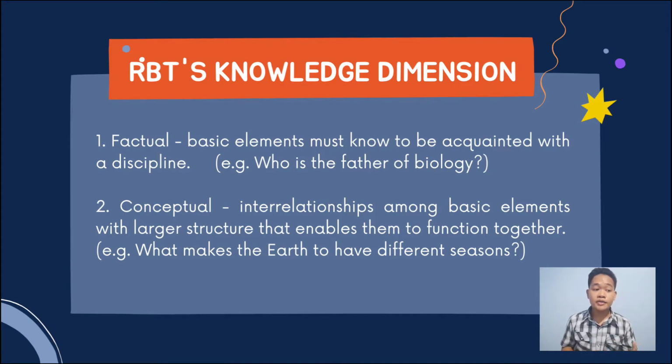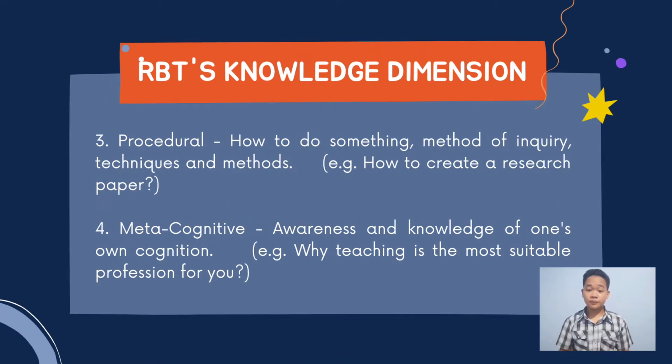So if we see those pieces of information separately, it will not make sense. But if we combine those pieces of information in explaining a complex idea, we can surely have a concept that will help us answer this kind of question. The third one, procedural. It is how to do something, method of inquiry, techniques, and methods. Wherein this is definitely about delivering the process of performing a discipline.